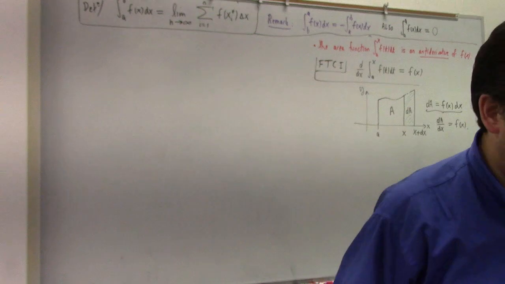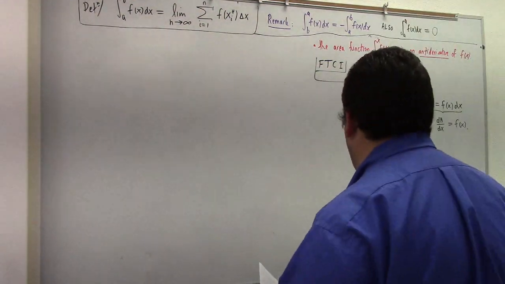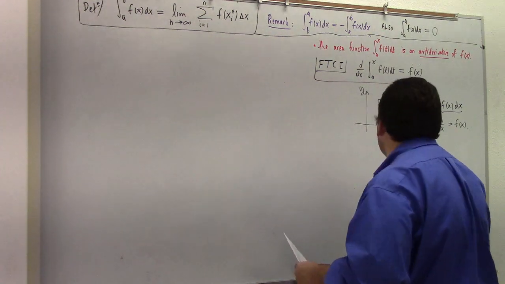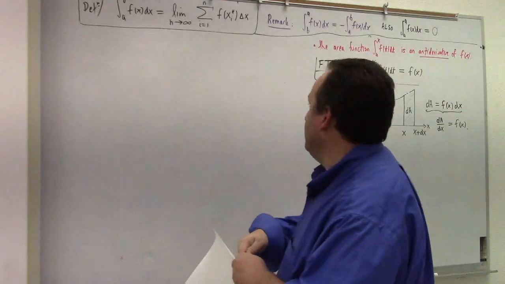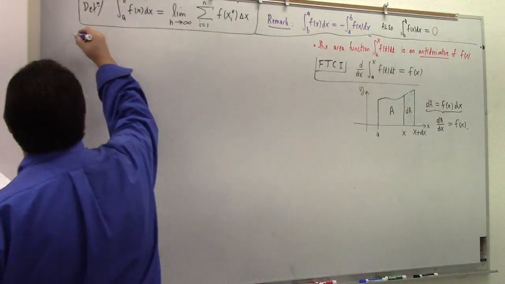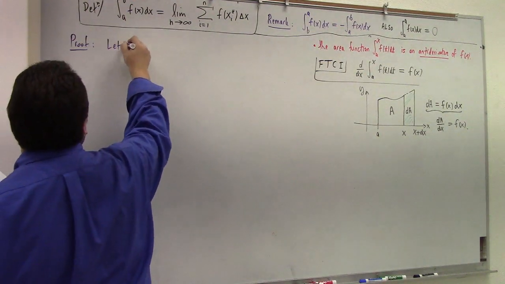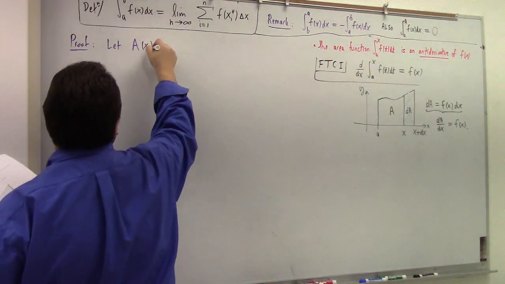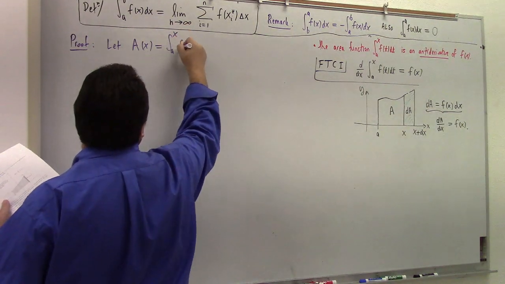So what we want to do is calculate the derivative. We're trying to prove the fundamental theorem of calculus part 1. So we're going to let A of x be the integral from a to x of f of t dt, okay?